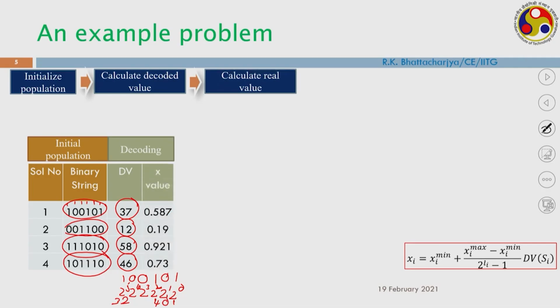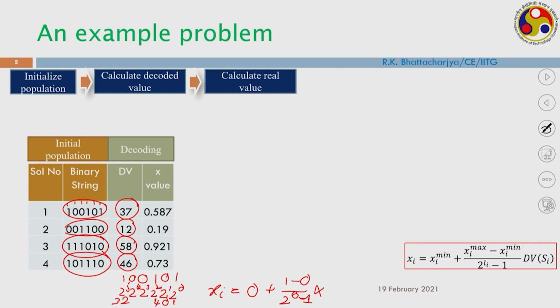Then you calculate the real value. For the real value, I have used this mapping here. So, how am I getting 0.587? This is x_i, which is equal to x minimum, so x minimum is 0, plus x maximum, the maximum value of x, which is 1, minus 0, divided by 2 to the power 6 minus 1, into the decoded value.